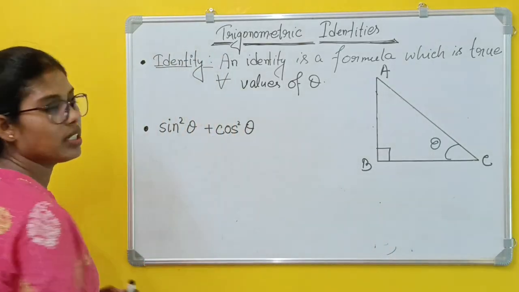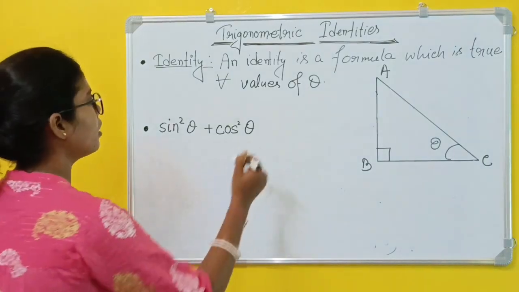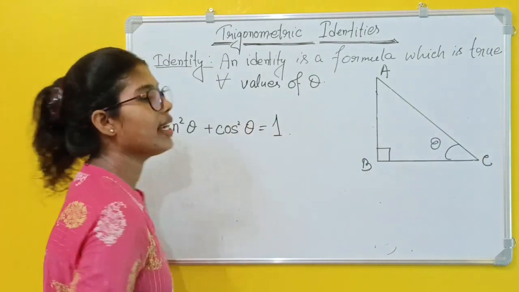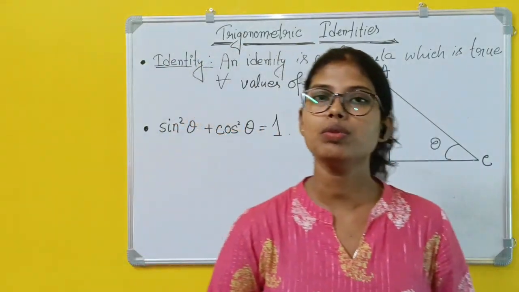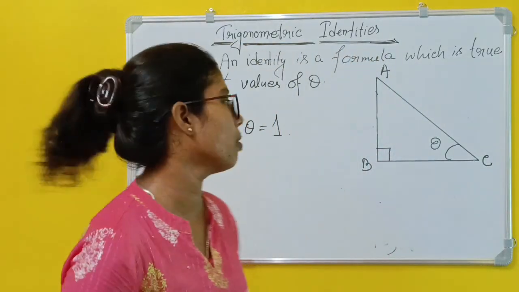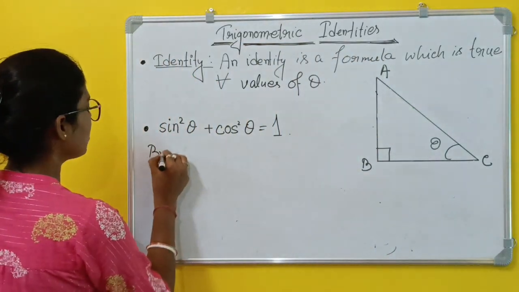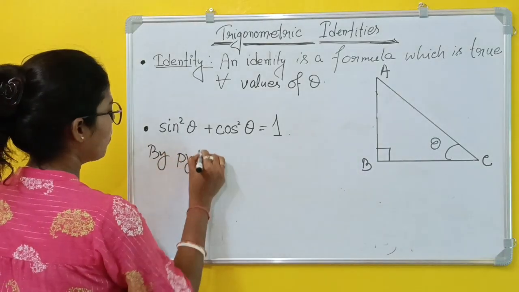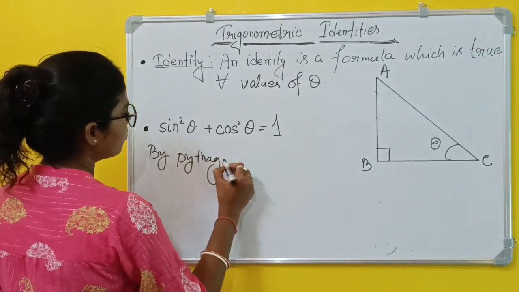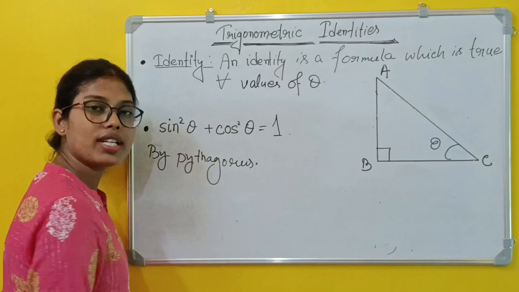In case of sine square theta plus cos square theta is equal to 1, we will only take the help of Pythagoras theorem. So in this triangle, by Pythagoras theorem, what can we say?